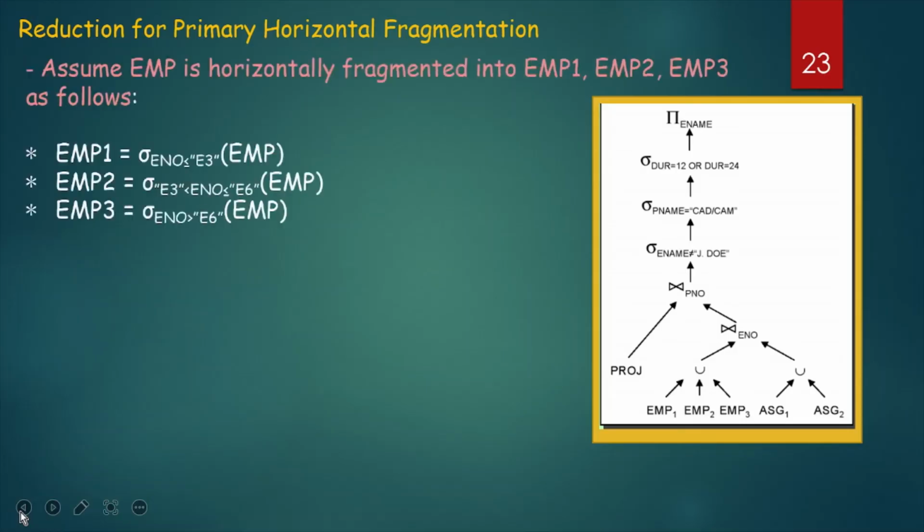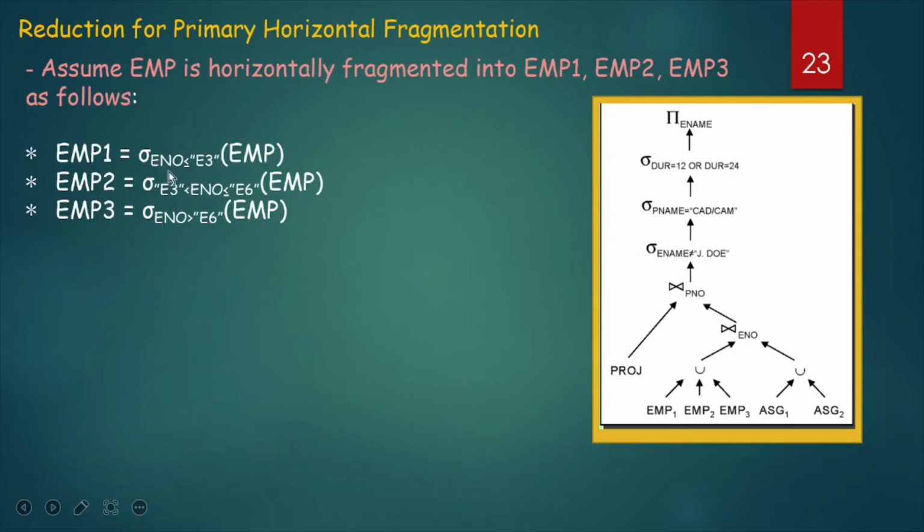Let the EMP table be horizontally fragmented into EMP1, EMP2 and EMP3. In case of EMP1, select employee number less than equals to E3; employee number greater than E3 and less than equals to E6 is EMP2; and employee number greater than E6 is EMP3.